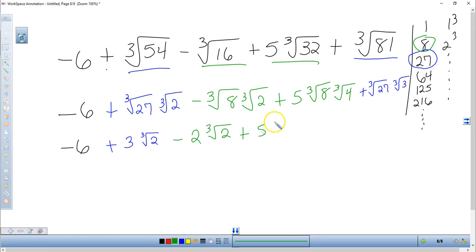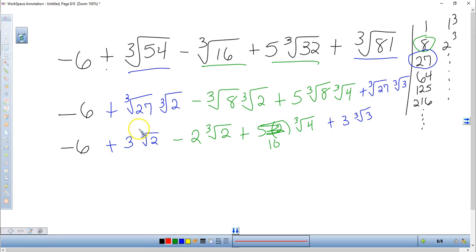Plus 5 multiplied by the number 2, because cube root of 8 is 2, with the cube root of 4. And finally, in blue at the end, I've got 3 and the cube root of 3. So in this case, I'm going to go ahead and fix this right here. I'm not going to do that. I'm going to do 10. 5 times 2 is 10.